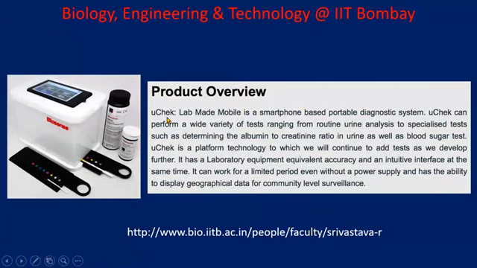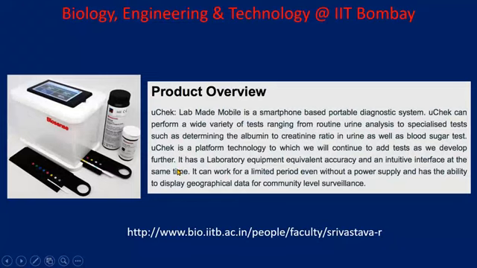This is U-check, and it has a wide variety of testing of routine urine samples, and specifically it can determine the albumin to creatinine ratio, and it can determine the blood sugar. Again, it's a point of care device. It's very easy to use, and it's low cost.